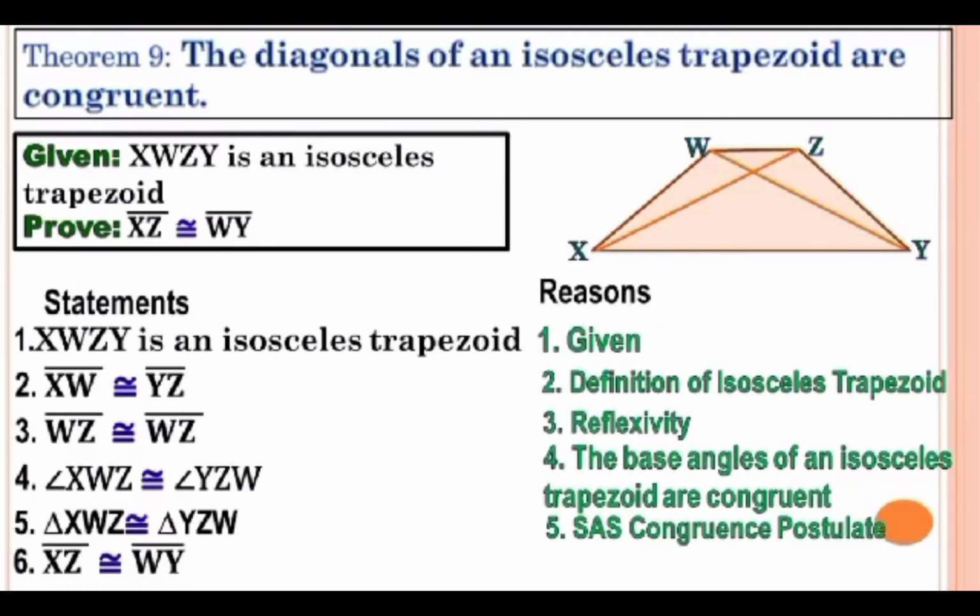Okay, number 6, we have in the last statement, segment XZ is congruent to segment WY. Reason, CPCTC, or corresponding parts of congruent triangles are congruent.